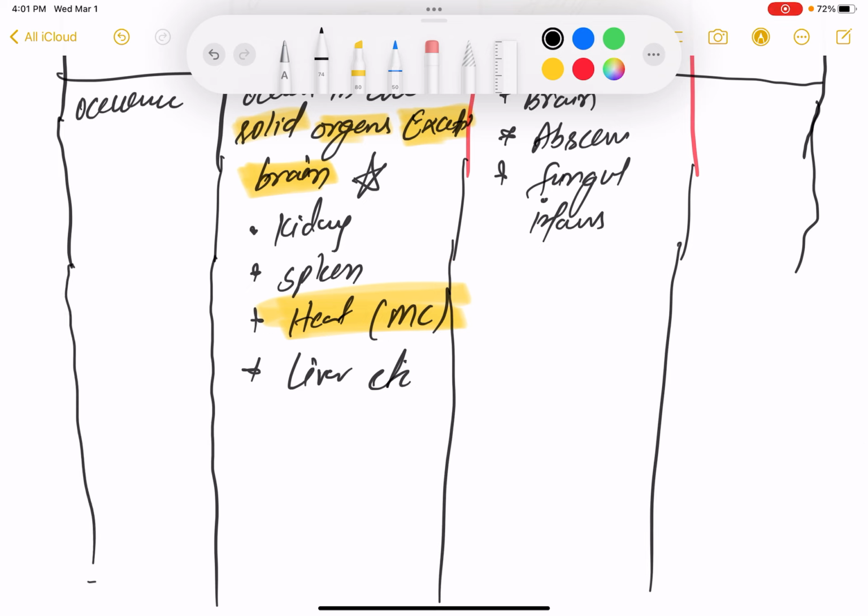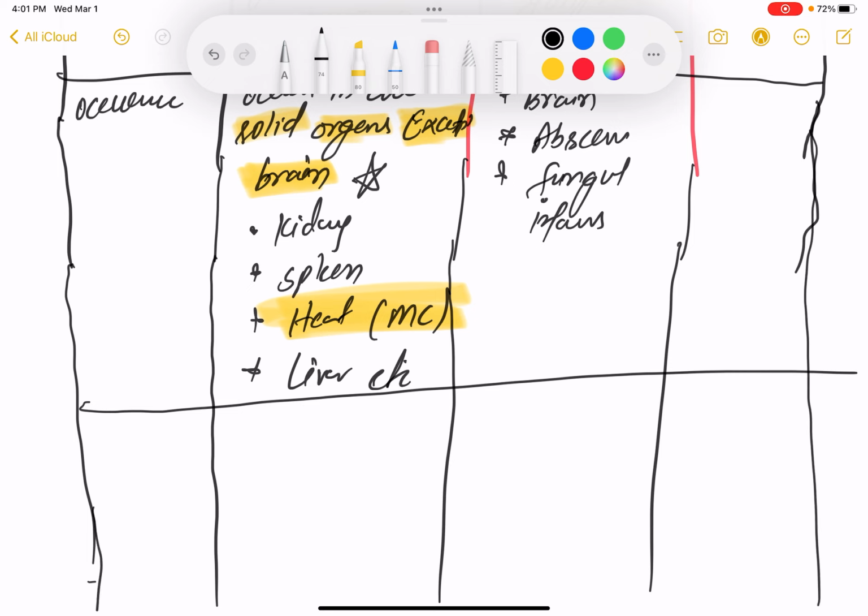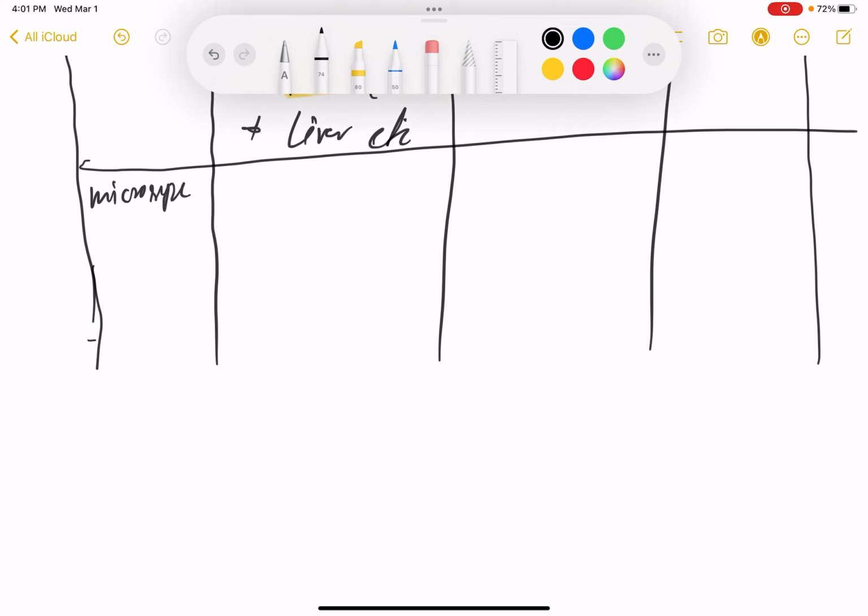Then we come to how necrosis looks, the appearance. Microscopically, how does necrosis look? In coagulative necrosis, when we see it under the microscope, the cell outline is preserved.